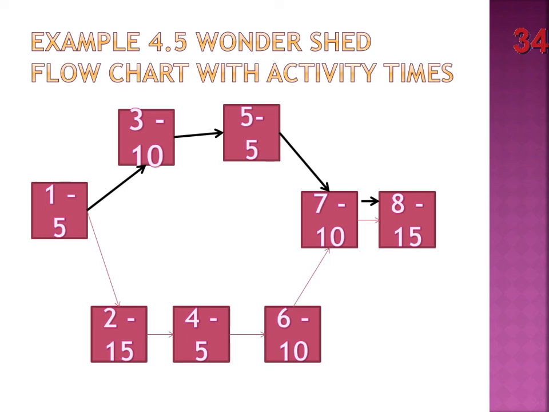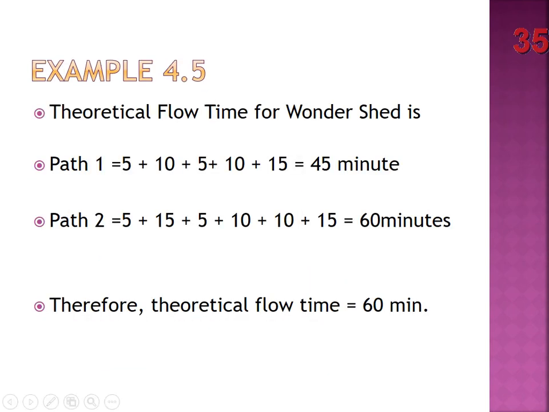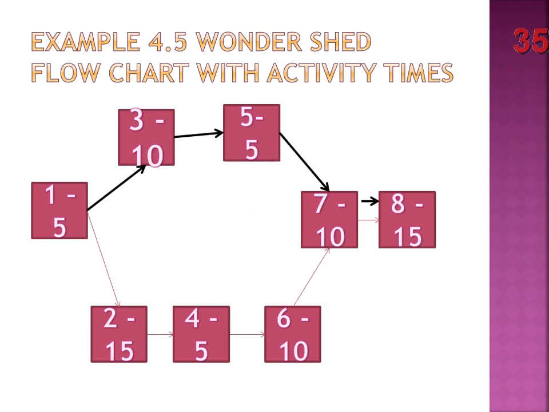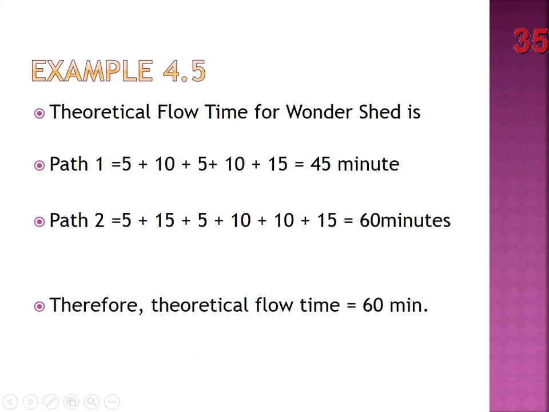So the bottom path is still our critical path, and the theoretical flow time of the process is going to be on the bottom path, at 65 minutes. I wonder if I added wrong somewhere. We'll see. 5 plus 15 is 20, plus 5 is 25, 35, 45, 50. Yeah, I added wrong. Sorry, it's 60 minutes on the bottom process. So therefore, theoretical flow time is 60 minutes.